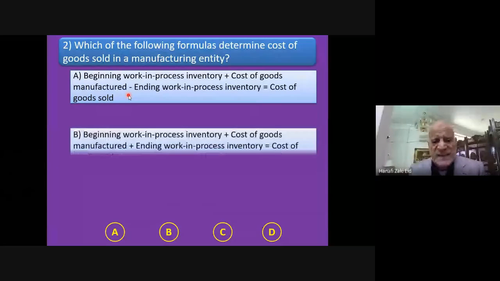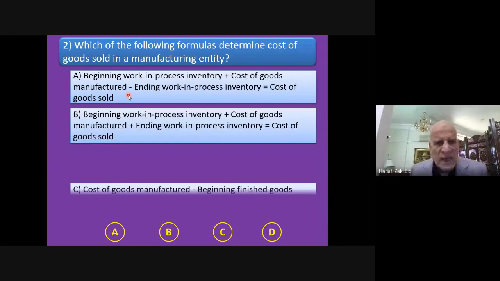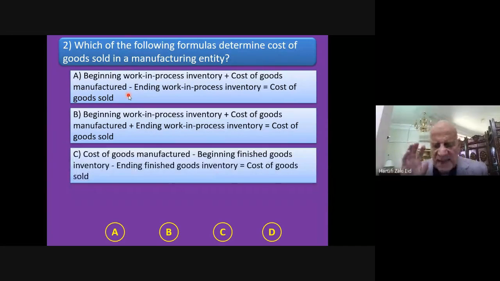Can we say beginning work in process inventory plus cost of goods manufactured plus? No. Cost of goods manufactured, attention. Cost of goods manufactured minus beginning finished goods.